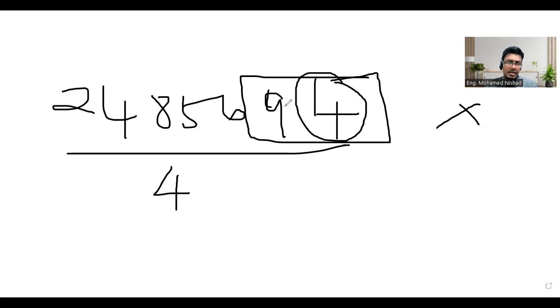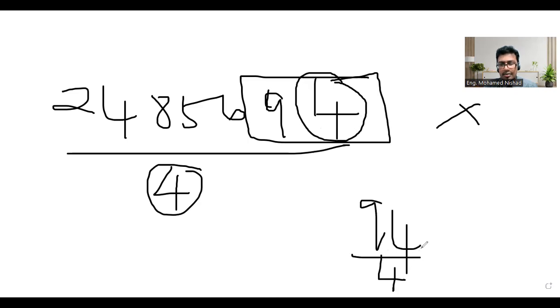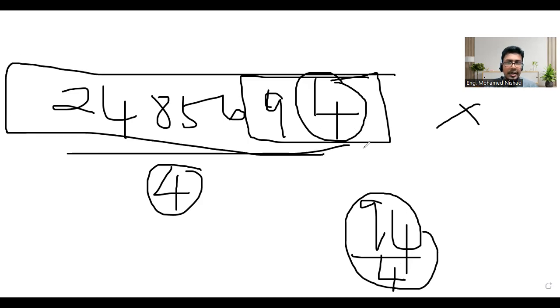So can you check whether 94 is divisible by 4 or not? 94 divided by 4 gives 23 with a remainder of 2, so 94 is not divisible by 4. Therefore, the entire number is not divisible by 4, right? That is the phenomenon behind this one.